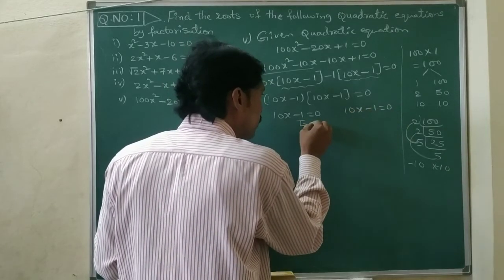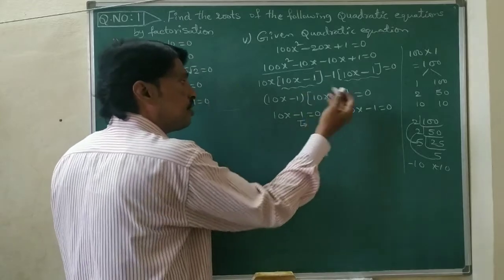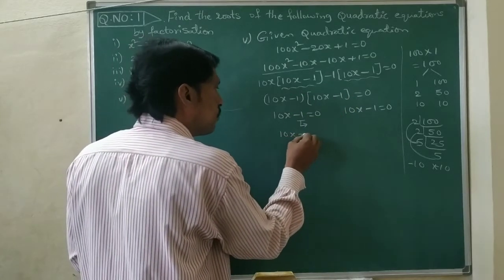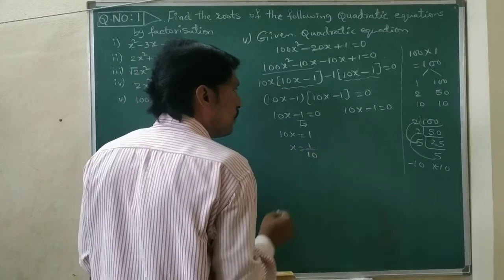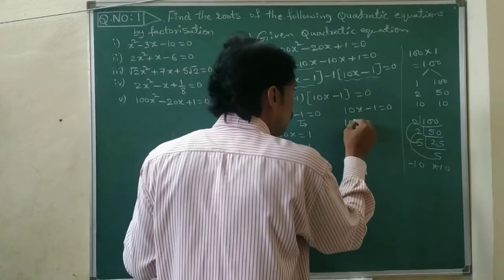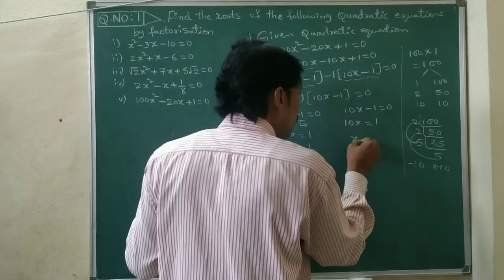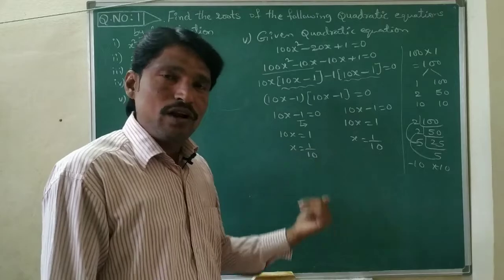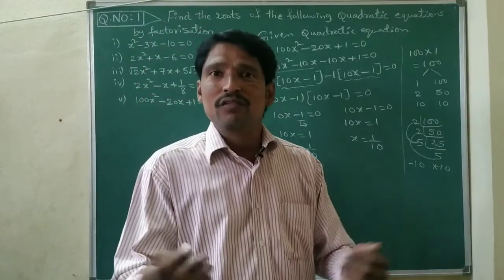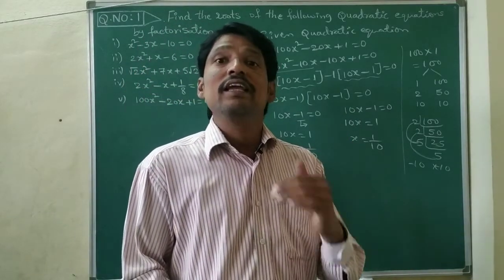This minus 1 you can transpose to the right. Minus 1 becomes plus 1. 10x equals 1. Transposing this 10, x equals 1 by 10. Here also the same: 10x equals 1, x equals 1 by 10. Here also we got 1 by 10 and 1 by 10. That means both are equal roots.